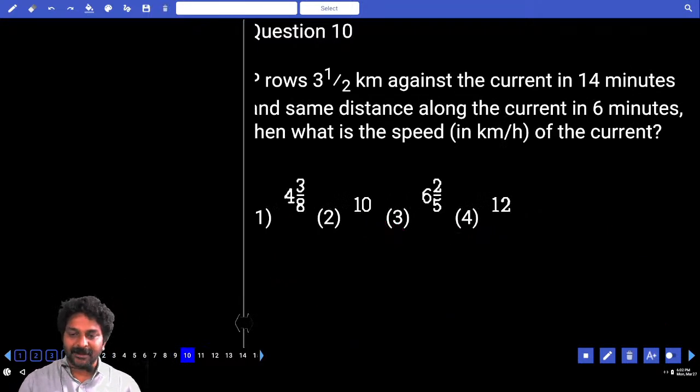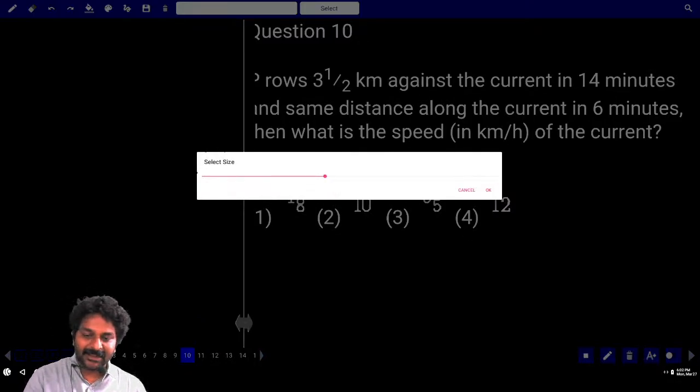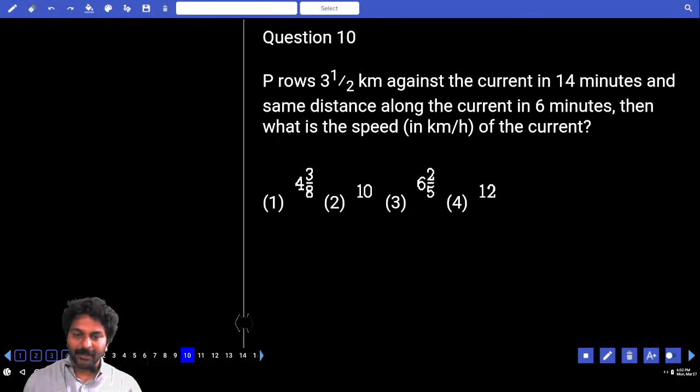P rose 3.5 kilometers against the current. Against the current in the sense opposite. This is upstream only.